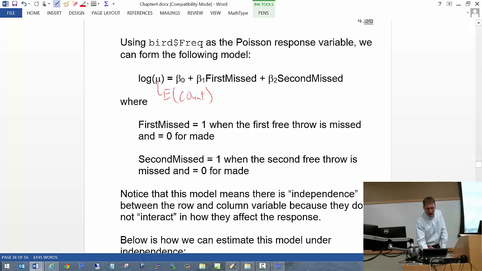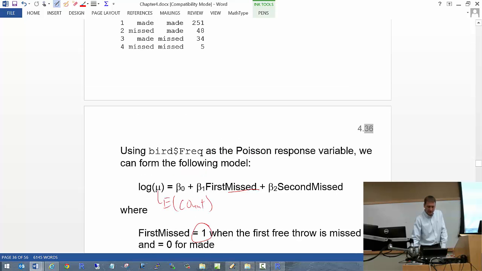Note that I have first missed there. That's because the indicator variable is a 1 when the free throw is missed, a 0 when it is made.